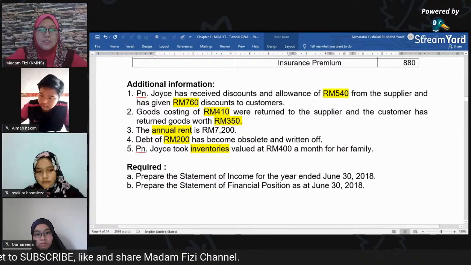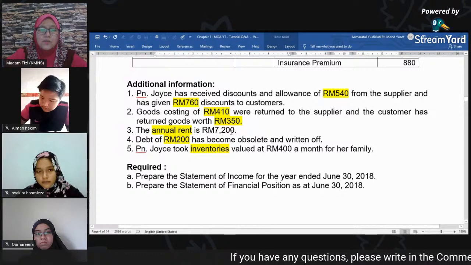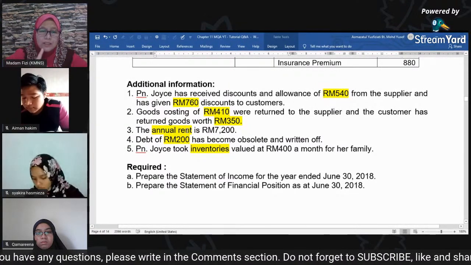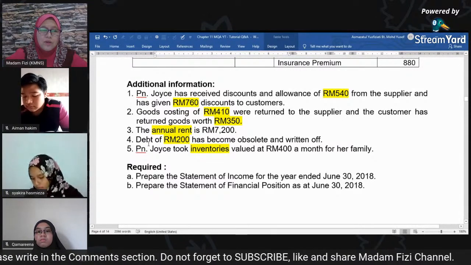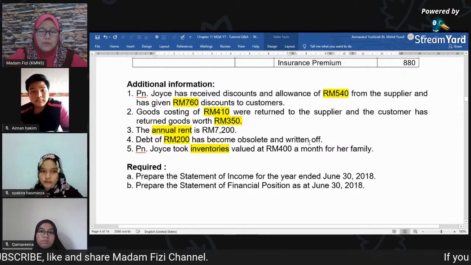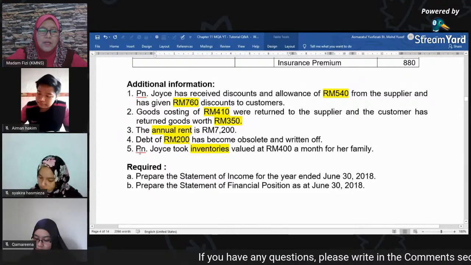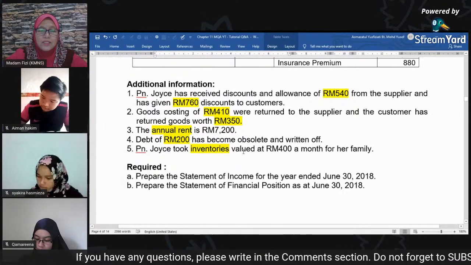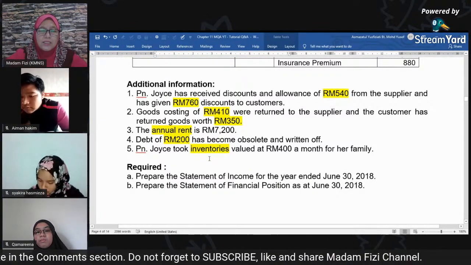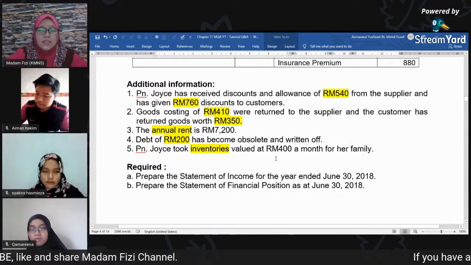Additional number 3, the annual rent is 7,200, means the rent for 1 year. Okay. And then number 4, debt of 200 has become obsolete and written off. So 200 is the bad debt. And number 5, Puan Joyce took inventories valued at 400 a month for her family. So that means the 400 is the drawings.